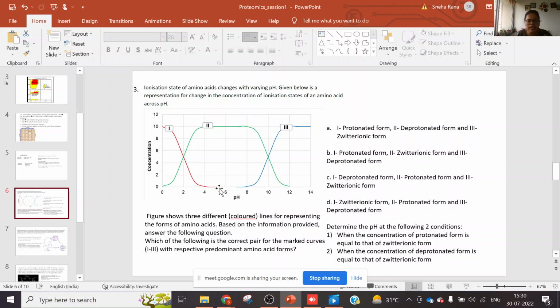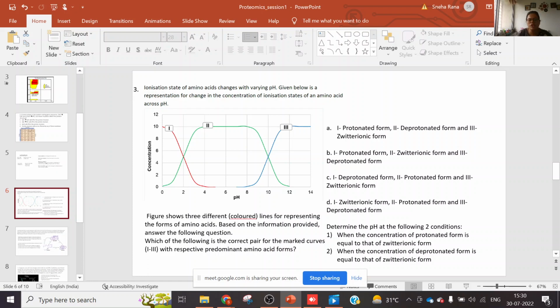So you have to tell the state, whether the amino acid is in a protonated form, deprotonated form, or a zwitterionic form. A zwitterion basically has both positive and negative charge.